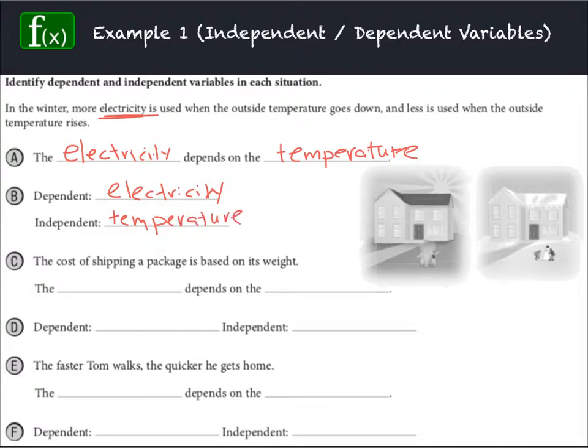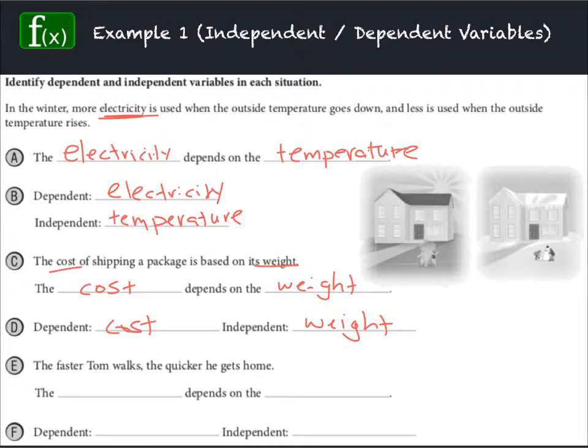Next, the cost of shipping a package. The cost of shipping a package is based on its weight. So here the cost would be dependent on the weight and not the other way around. The weight would be independent. So weight would be your independent variable, whereas the cost would be your dependent variable.